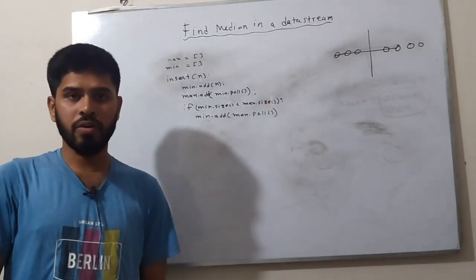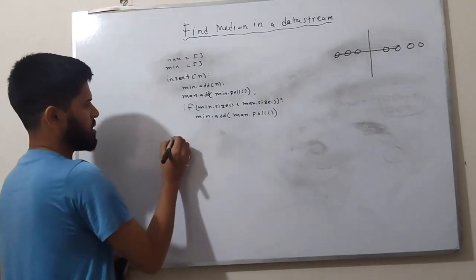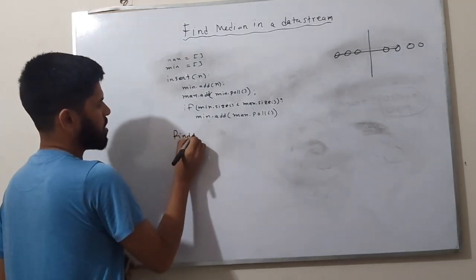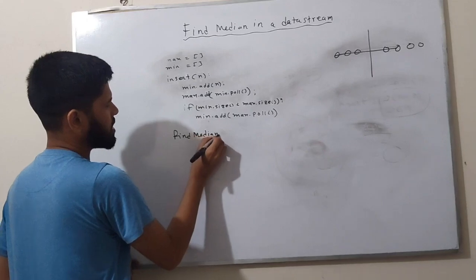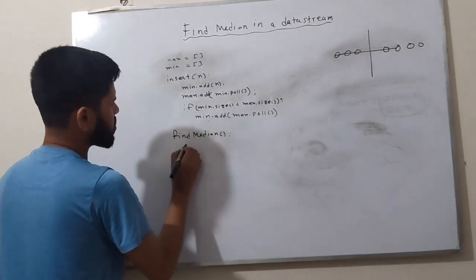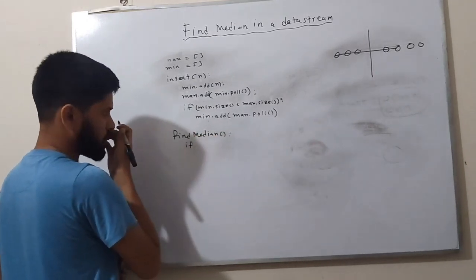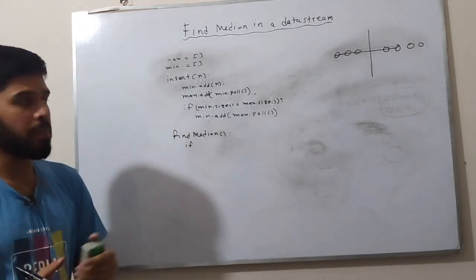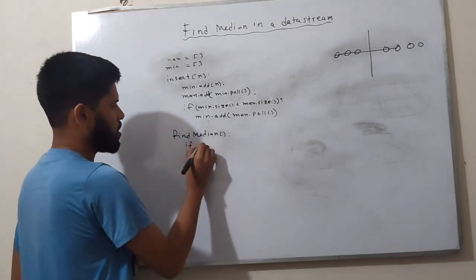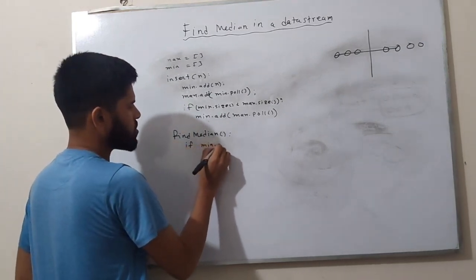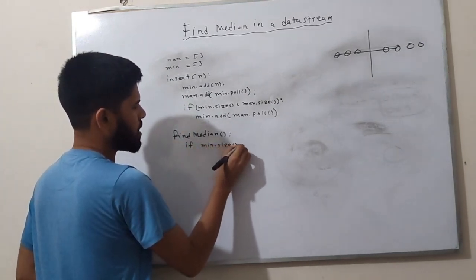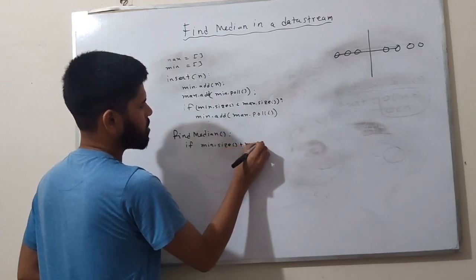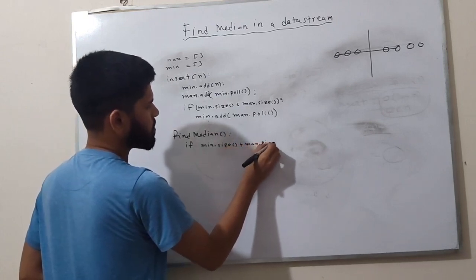Now let's implement our find median function. That is easy. So find median. First, we're going to check the length. Now let's sum the size of min and max heaps, so min dot size plus max dot size.